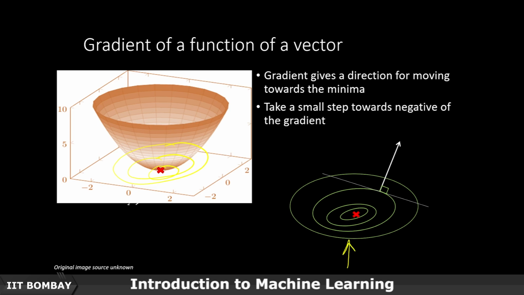At any particular point in this loss function surface, I will compute the derivative, and that derivative will point me in the direction of largest increase. To do a gradient descent I will have to take a small step in the negative of that direction. I will reach here, then another small step, and so on, and after some iterations I might reach the bottom of this bowl.